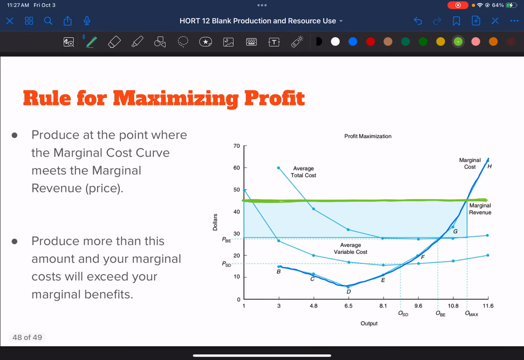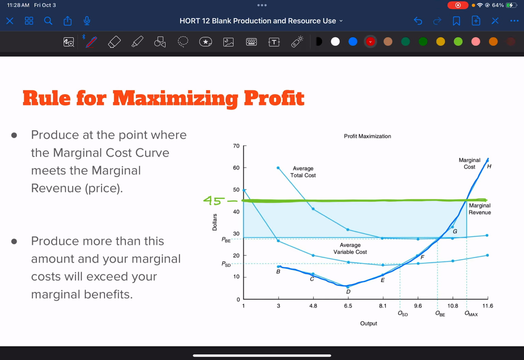So in this case, we'll say this looks like it's maybe like $45 for whatever product this is. $45 is the price that the market decides for the goods. And so a producer would look at this marginal revenue line in comparison to the marginal cost line, and they would want to produce right here.